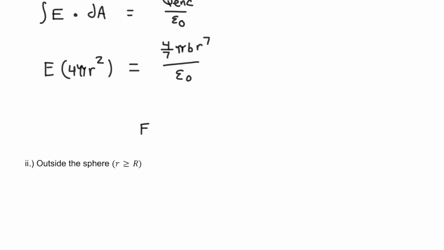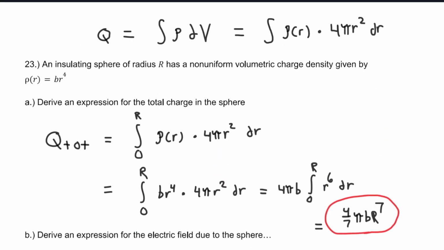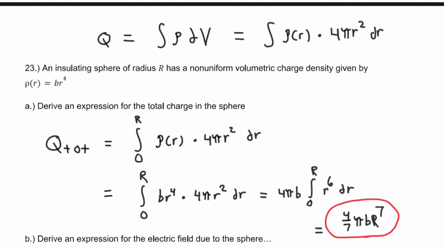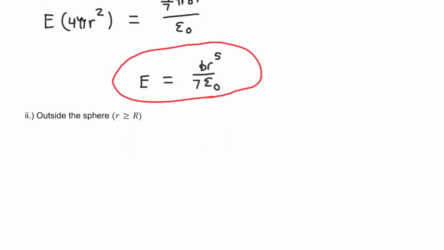So we get E inside the sphere would just be equal to br to the 5th divided by 7 epsilon naught. And this actually follows our little theorem that inside an insulator, the field is always 1 power of r greater than the charge density. So br to the 4th, I should have a br to the 5th somewhere in my field, which I do.